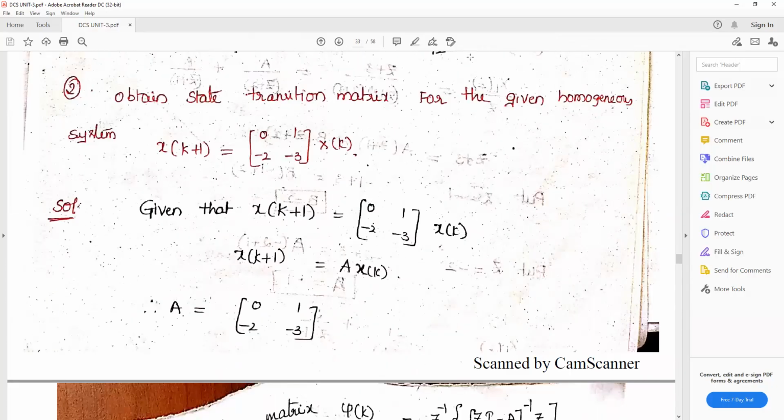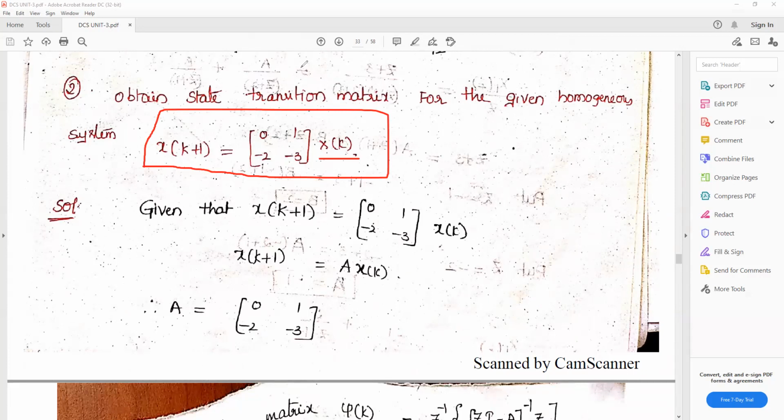So first, obtain the state transition matrix for the given homogeneous system x of k plus 1 is equal to [0 1; minus 2 minus 3] into x of k.